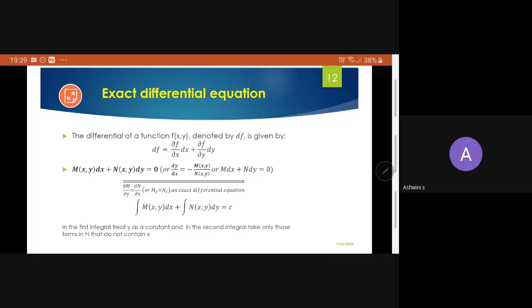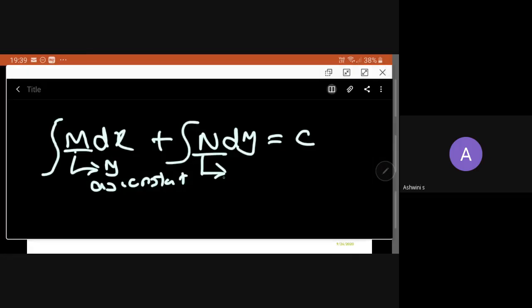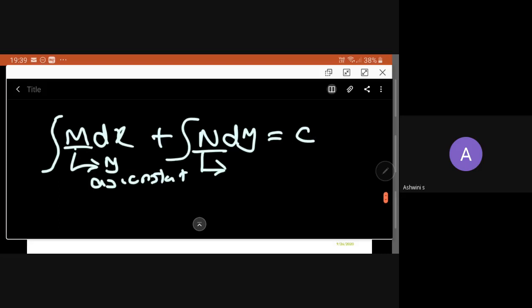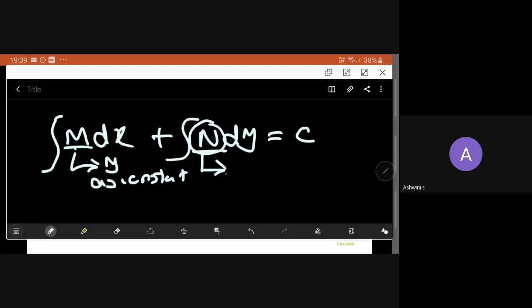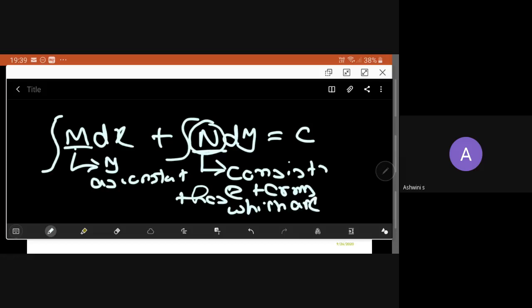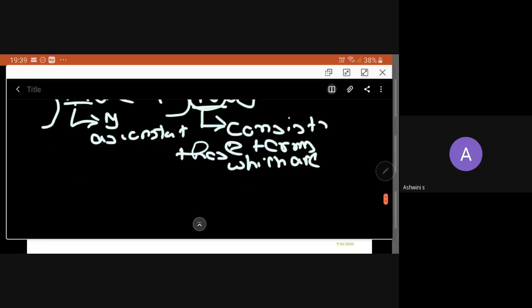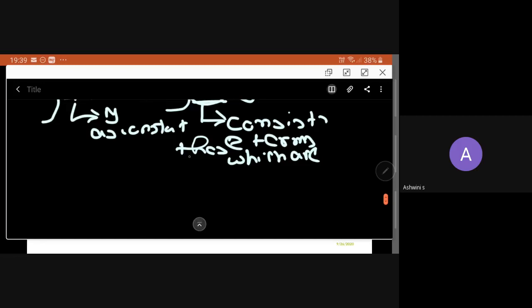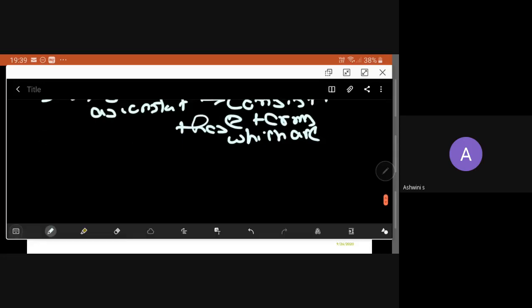I clearly mentioned this. The integrand should consist of those terms, where term means product, which are free from x.